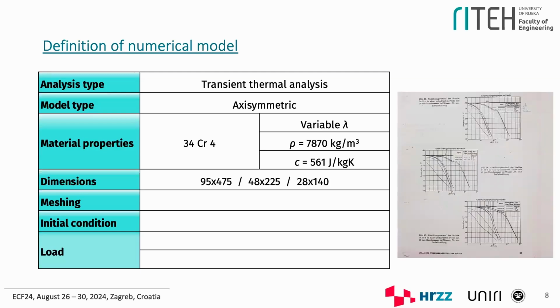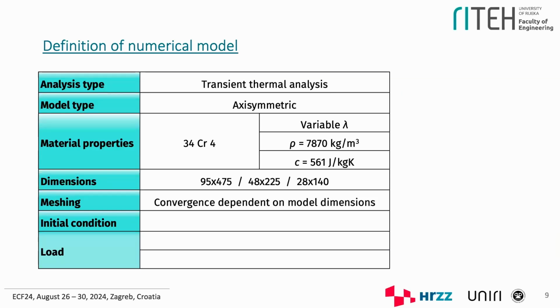For dimensions, we simultaneously compared 3 different sample sizes, diameter 95, 48, and 28. The meshing was dependent on convergence for each of these size models. Initial condition was defined as 800 degrees Celsius in every node.